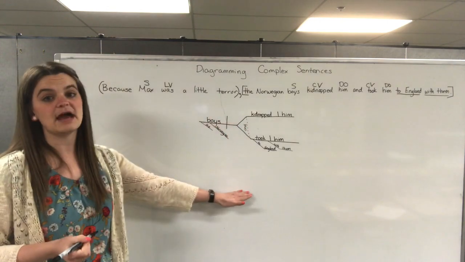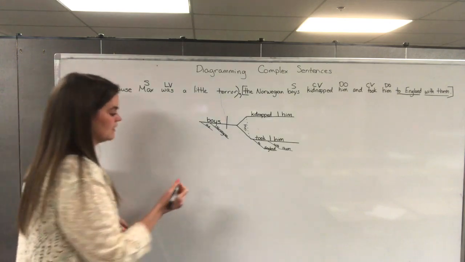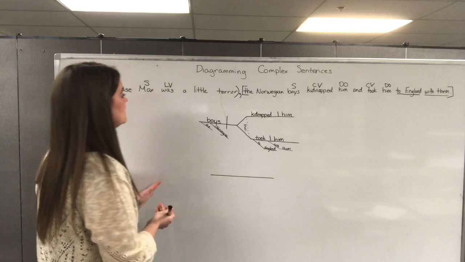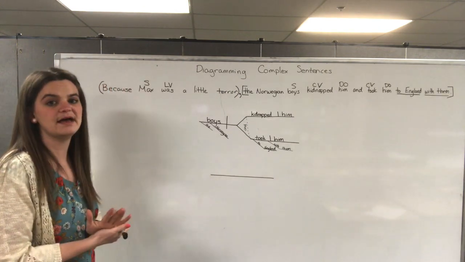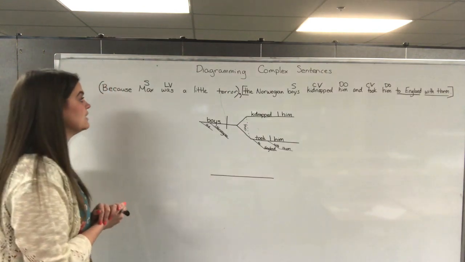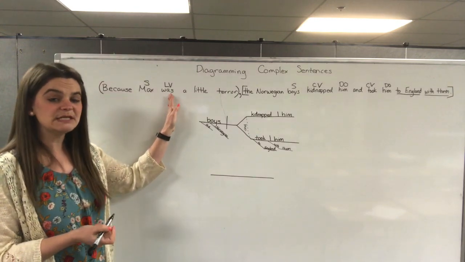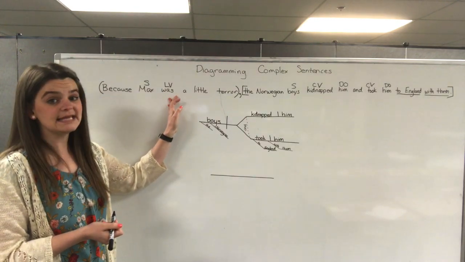So underneath it, now we're going to diagram our dependent clause. And again, we're going to look here and see what pattern are we diagramming. Max was, unless it's being used as a helping verb, is a linking verb.